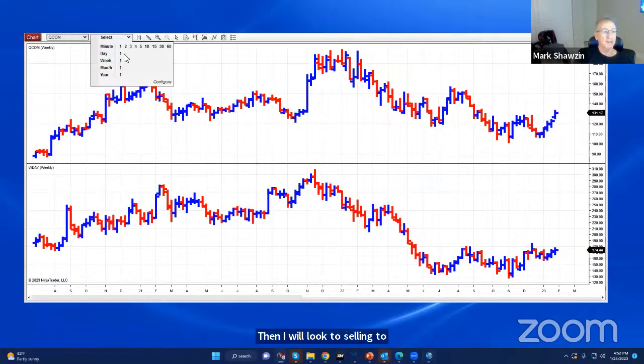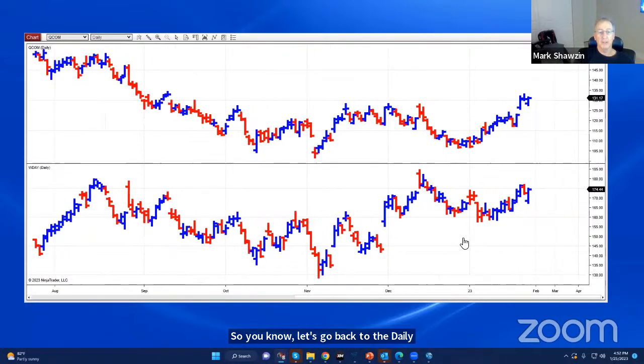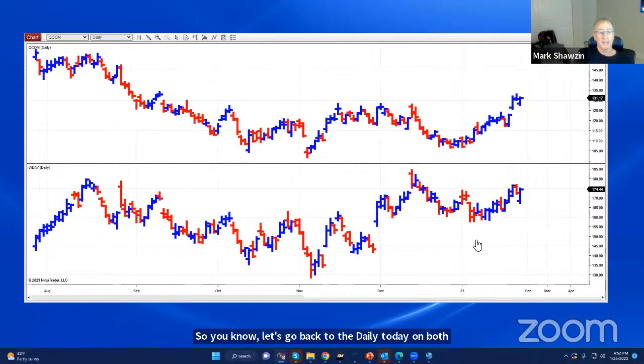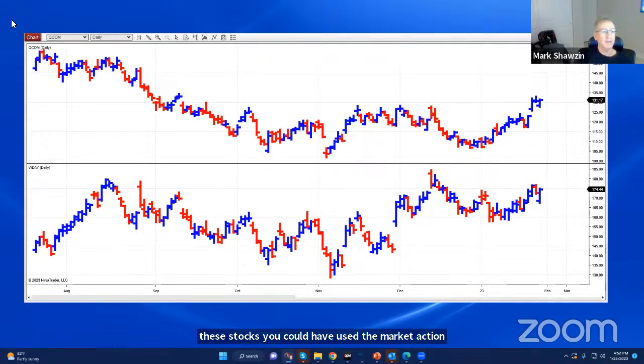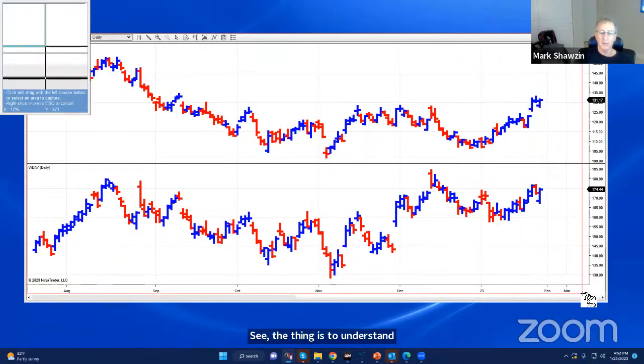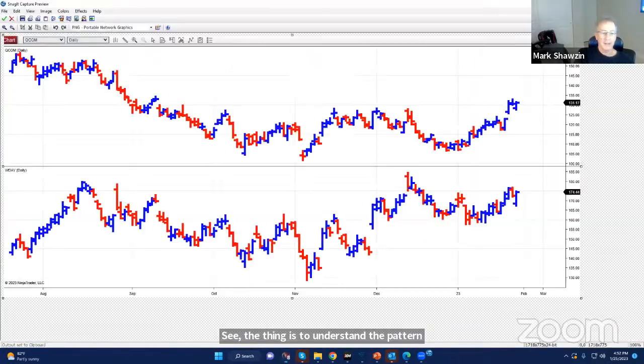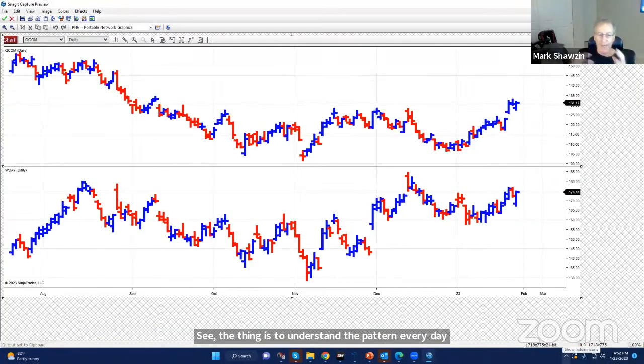So let's go back to the daily today. On both these stocks, you could have used the market action. See, the thing is to understand the pattern. Every day the market is going to throw you some kind of curve, and if you're trying to react to that daily action without understanding what the bigger picture is, you're going to be somewhat lost.